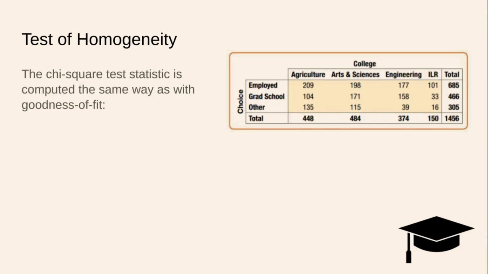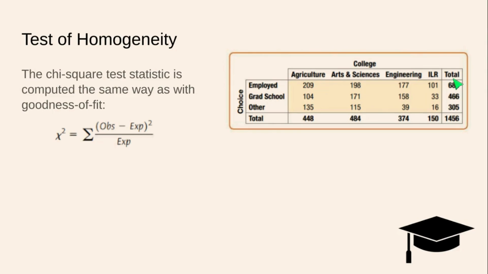The chi-square test statistic is computed the same way as with the goodness of fit test. The test statistic is the sum of the observed minus expected, squared, over expected. Observed and expected we get from our two-way table. For example, the observed value for agriculture and employed, that intersection, would be 209.